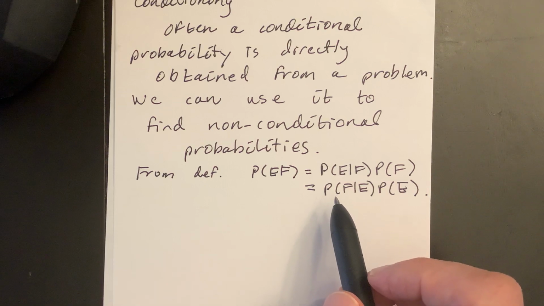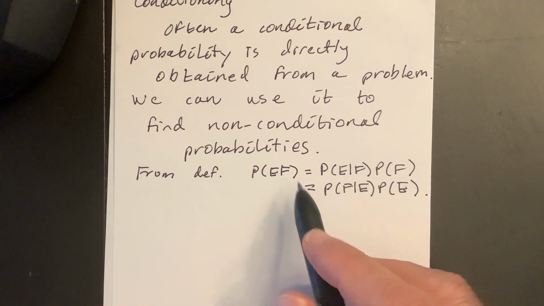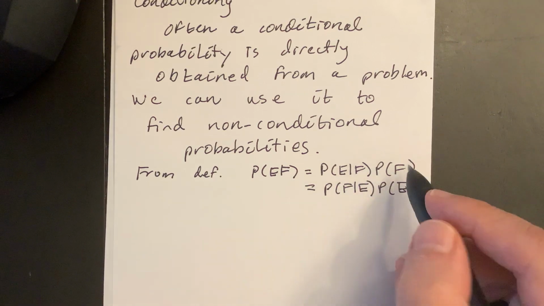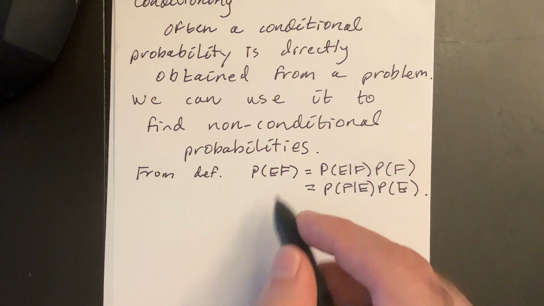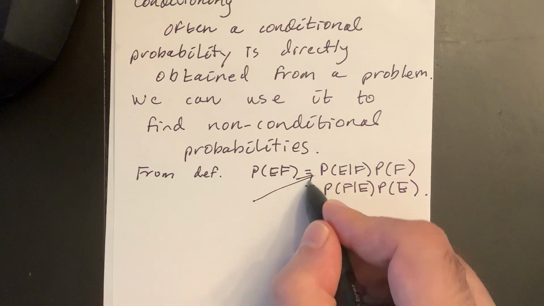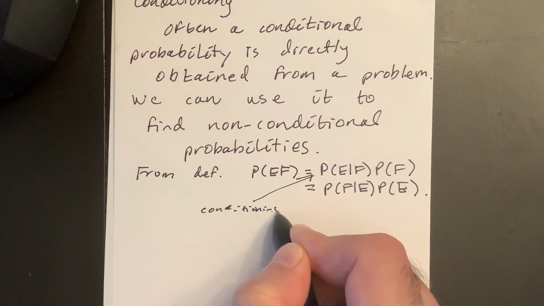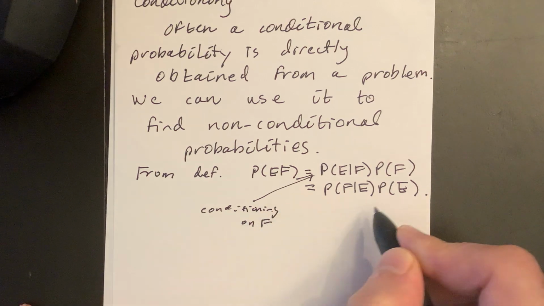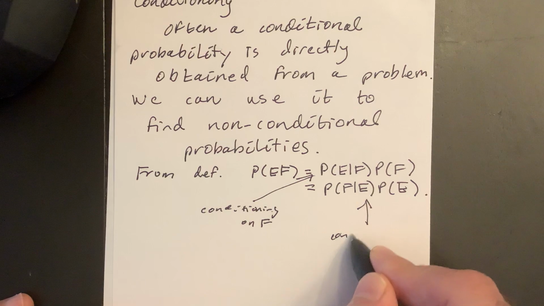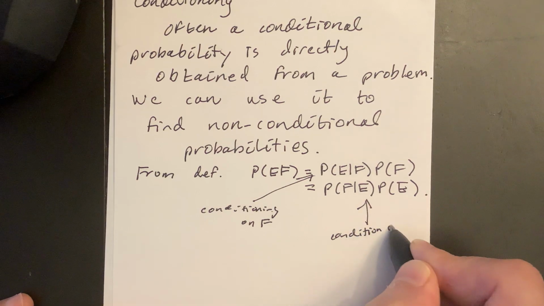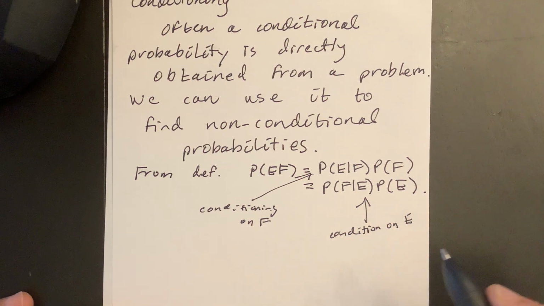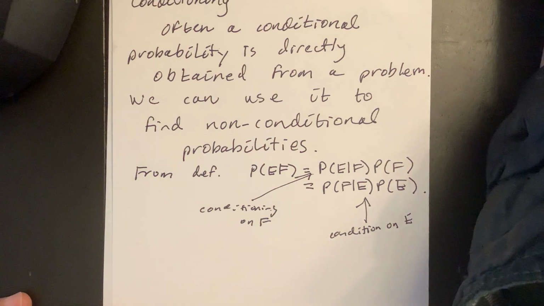So this one would be conditioning on F. And this one, you condition on E. So sometimes you want an intersection and you can do it because you know a conditional probability, so it makes it easier.